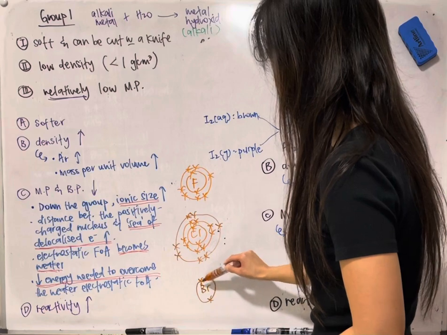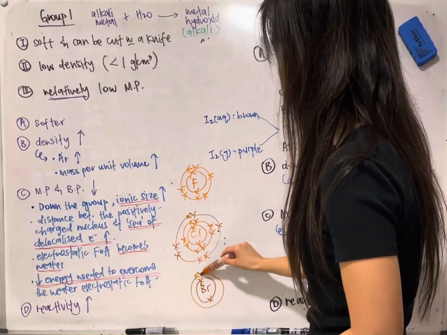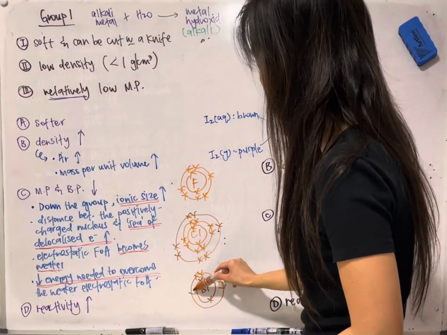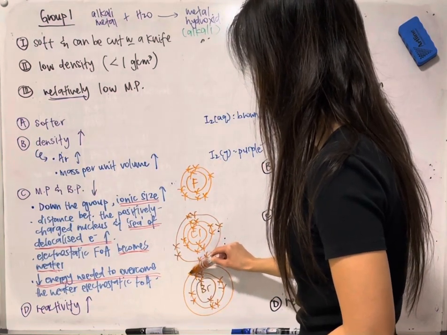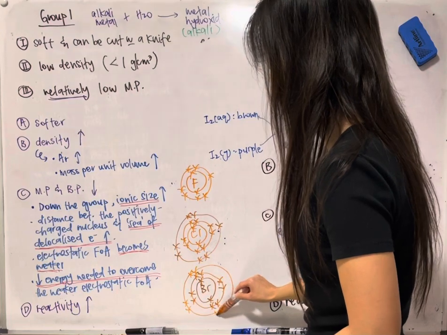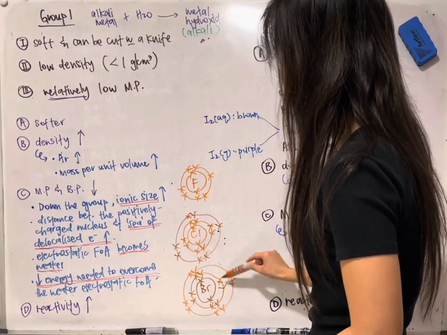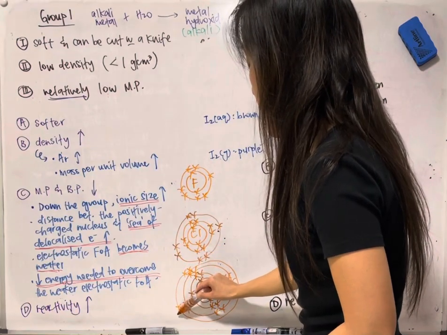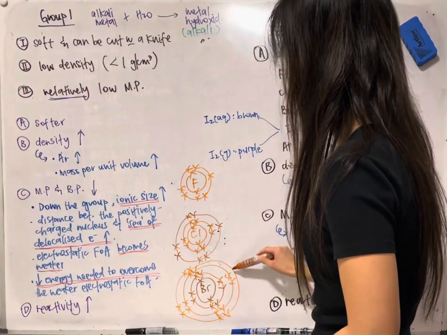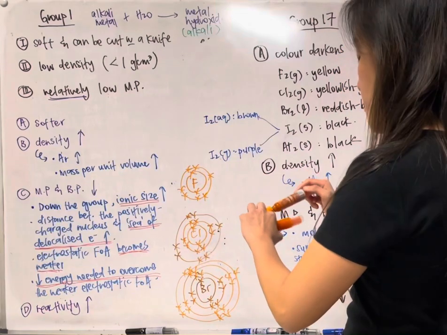Question. Roseanne, am I trying to lose or gain electrons here for the halogens? You're trying to gain electrons. So the reasoning is very similar to your group 1 reactivity.